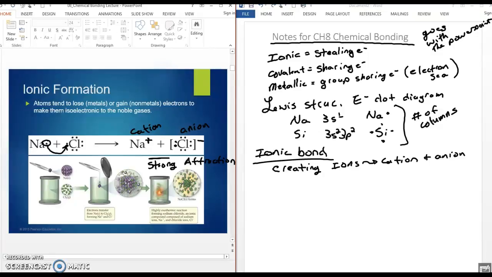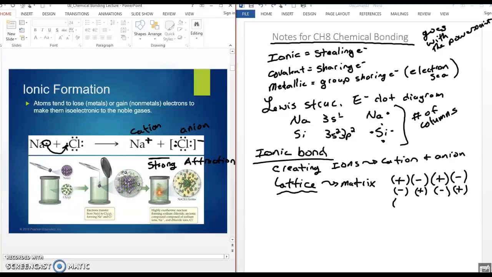So when these ions are created, they create a lattice, which refers to some sort of matrix of positive and negative ions. We will have a positive next to a negative, next to a positive, next to a negative, and vice versa on the shell below it.